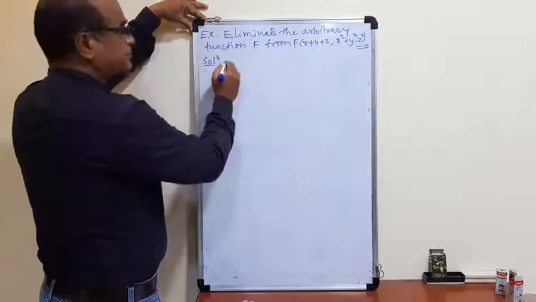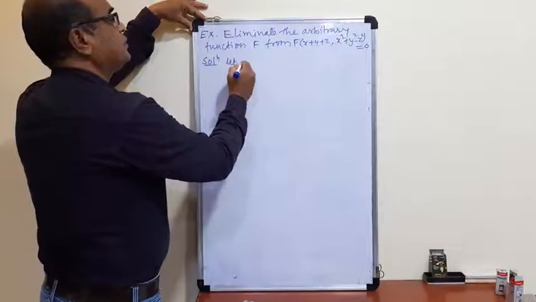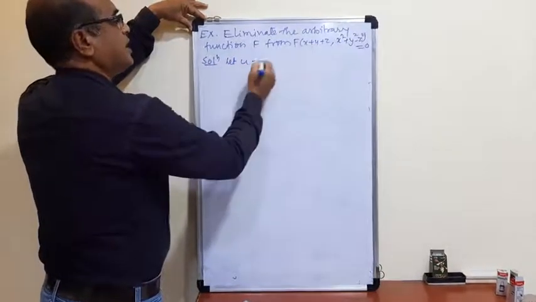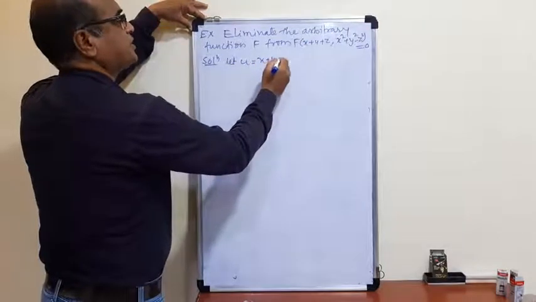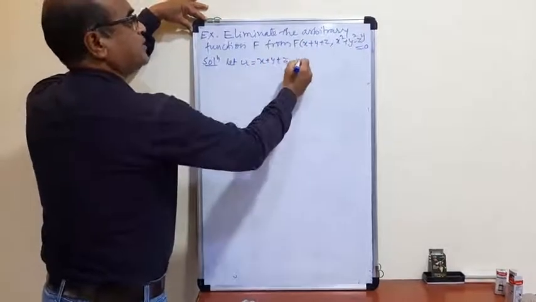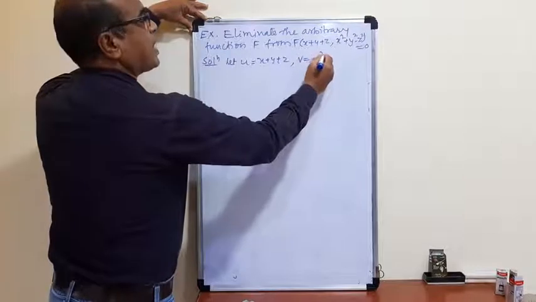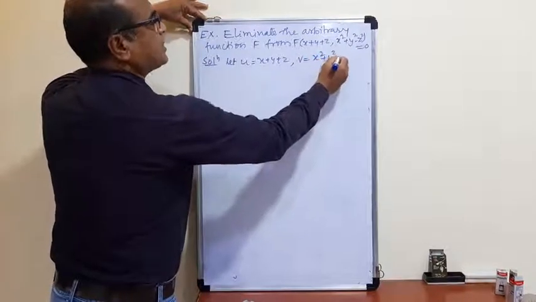Let u be equal to x plus y plus z, and v is equal to x square plus y square minus z square.